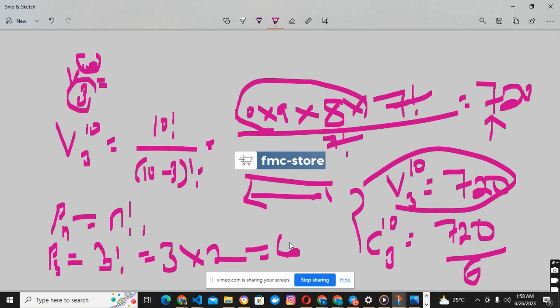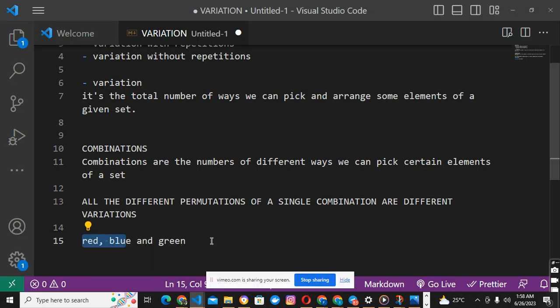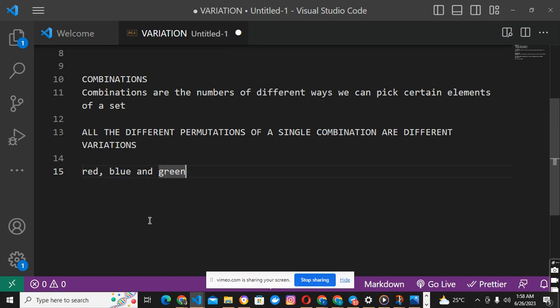So let's have a formula for our combination. Let's assume a question goes this way. Let me write the question in uppercase.